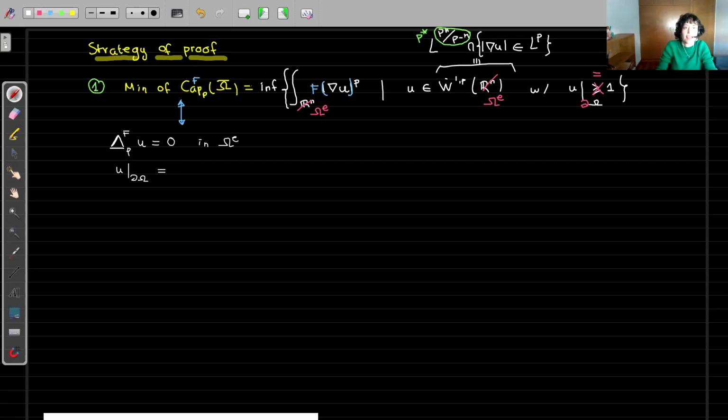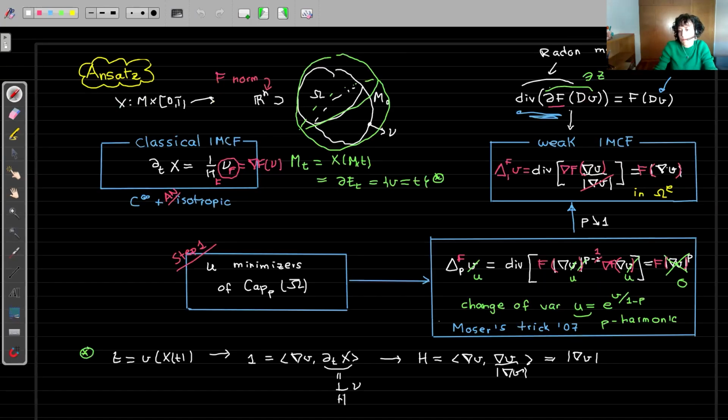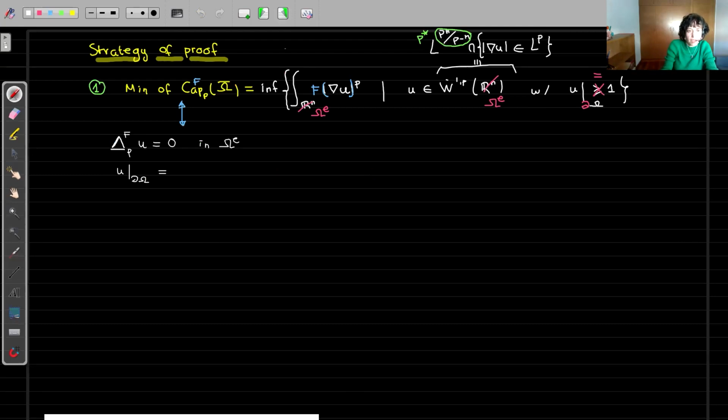Remember that we made a change of variable. B was 0 on the boundary, so now we will have 1. And as we have a negative exponent, if B goes to infinity, u will go to 0 as x goes to infinity.